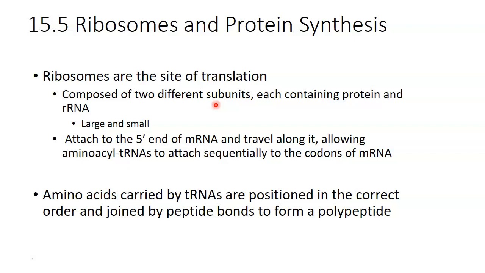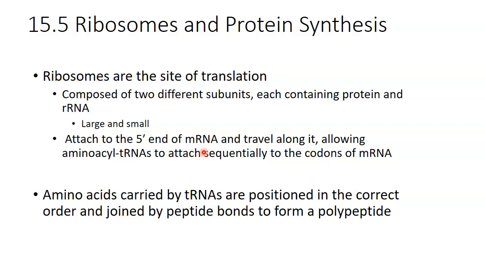This ribosome is going to attach to the 5' end of the mRNA transcript, and then it's going to read it from 5' to 3'. So it's going to travel along the mRNA transcript. It's going to read it 3 bases at a time. 3 bases at a time equals a codon, right? So it's going to read it codon by codon.